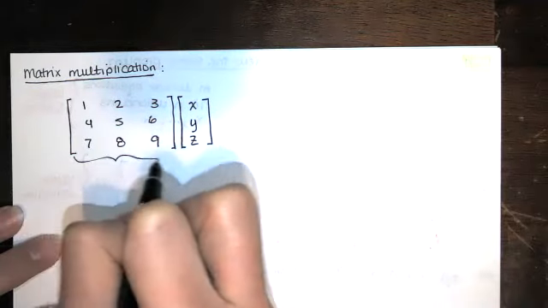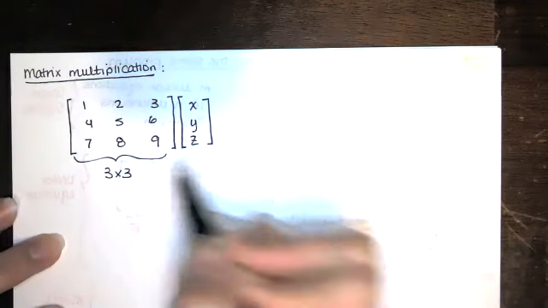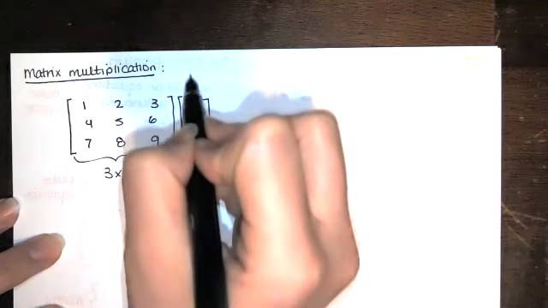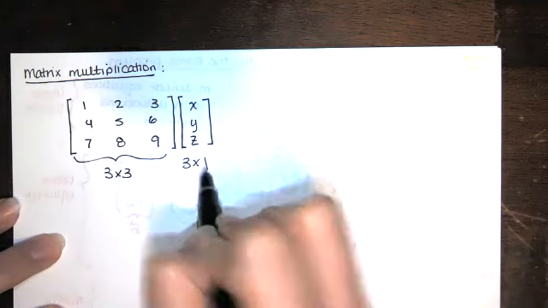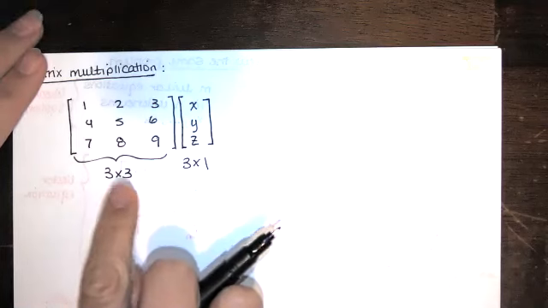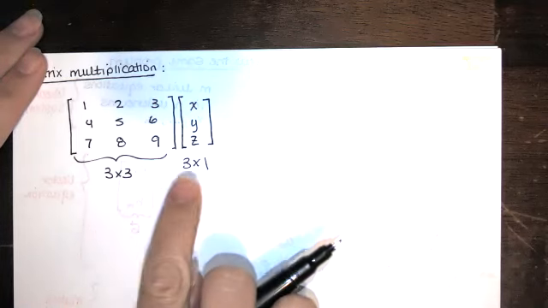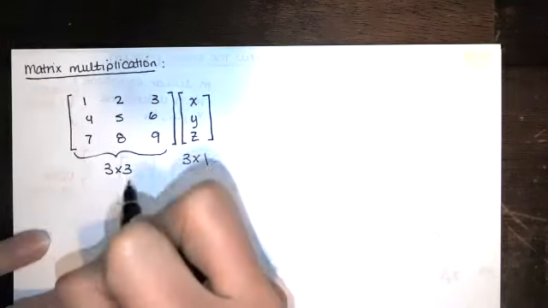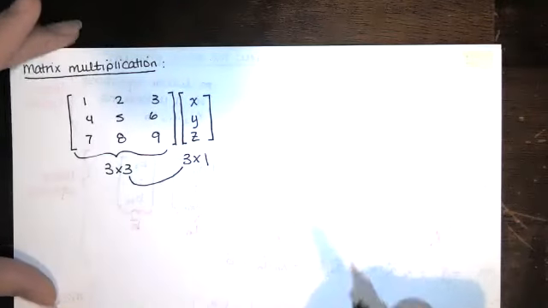First of all, I notice that this is a 3 by 3 matrix. And this has 1, 2, 3 rows and 1 column. So this is a 3 by 1 matrix. So the number of columns of this matrix and the number of rows of that matrix match. So this matrix multiplication is well defined.